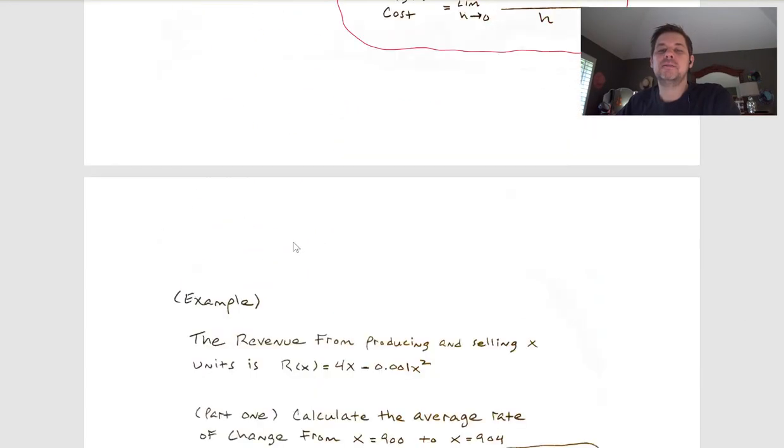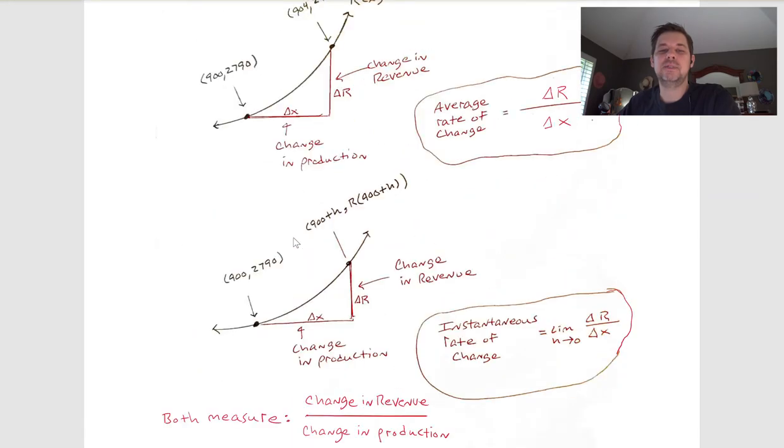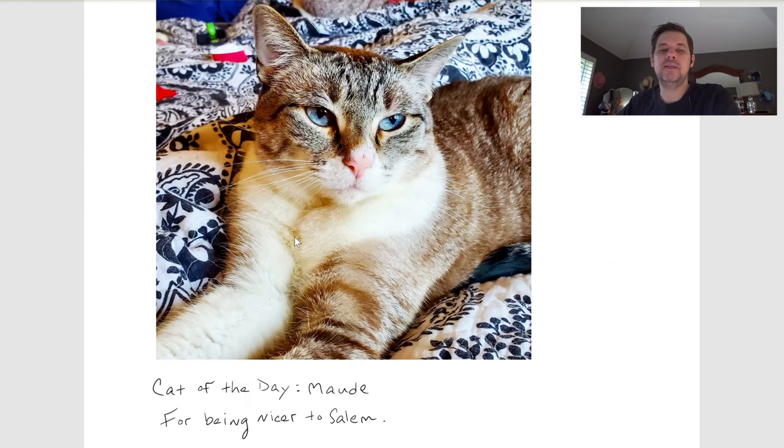Anyway, let's start. It's a new day, so I thought I would have a cat of the day today. So why not? Let's see. Cat of the day today is Maud. She's been cat of the day before, but she has been a little bit nicer to Salem. So Salem, I think he was cat of the day last time.